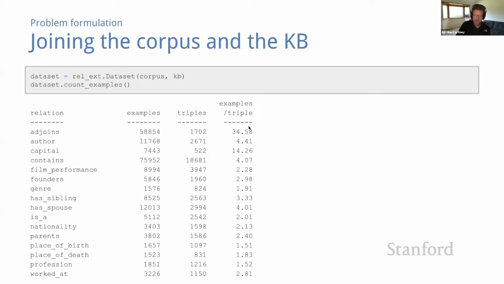For most relations, the total number of examples is fairly large. So we can be optimistic about learning which linguistic patterns express a given relation. I mean, even the smallest one has at least 1,500 examples. That's not really industrial-grade data, but it's certainly enough for the kind of exploration that we're doing here.